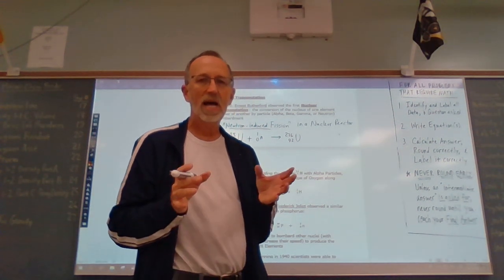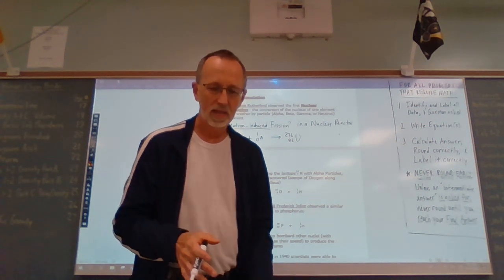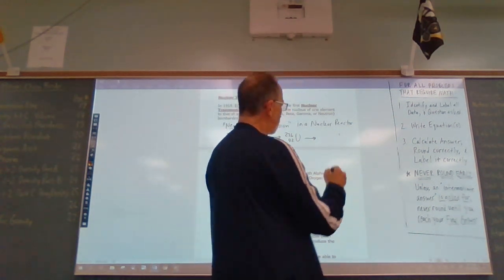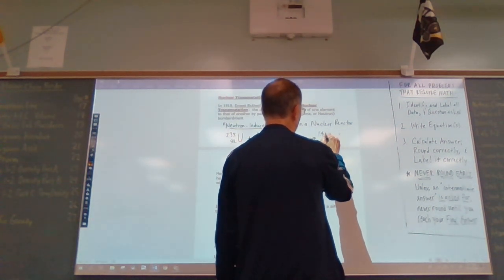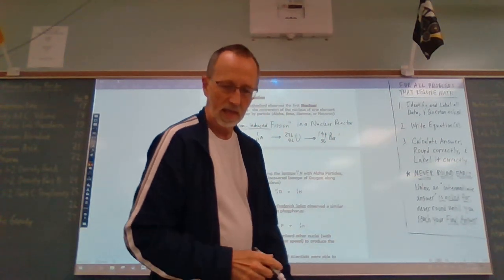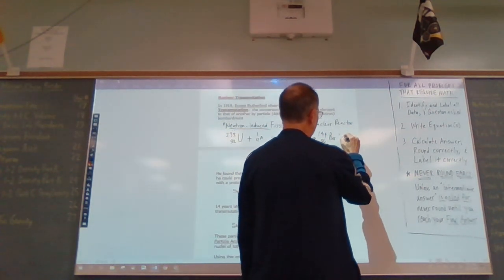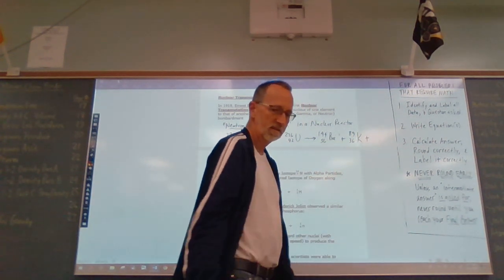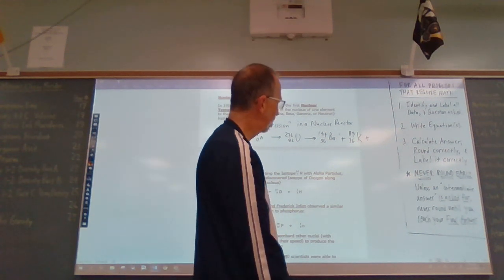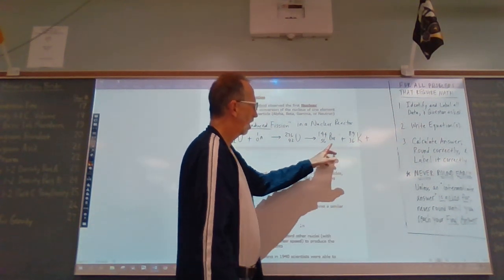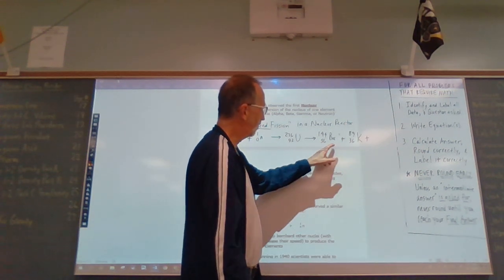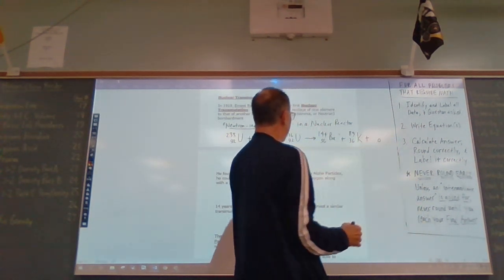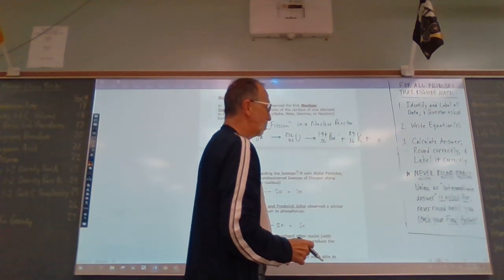Uranium-236 is highly unstable, and it immediately splits apart into barium-144 and krypton-89 and, well, let's see if we can figure that out. 56 and 36 is equal to 92, so this is a 0. 144 and 89 is 233.